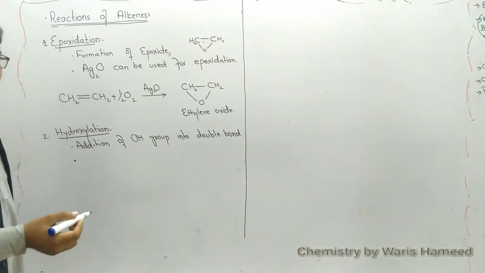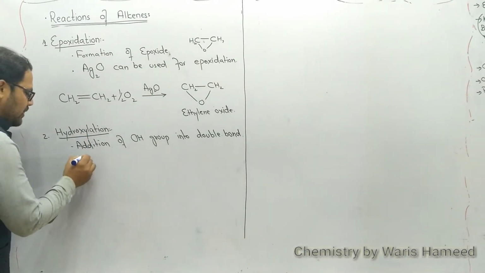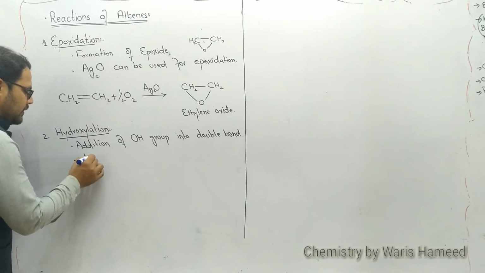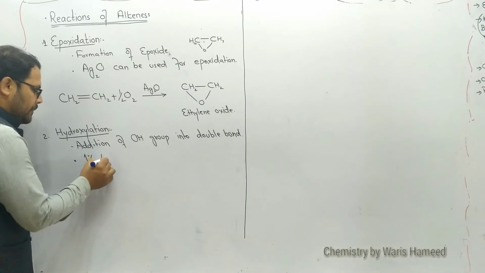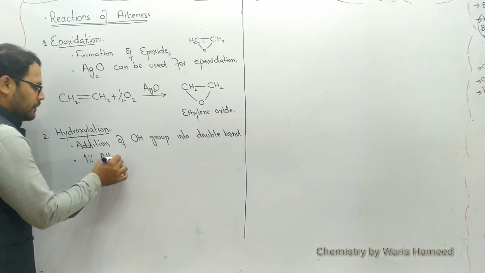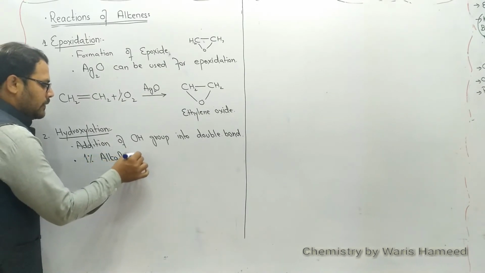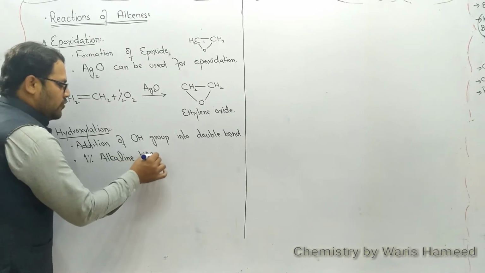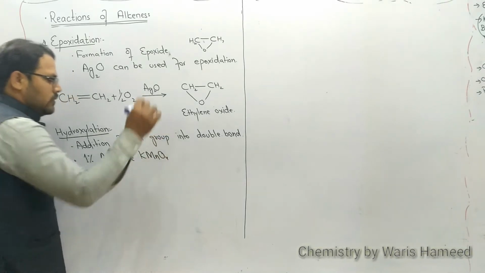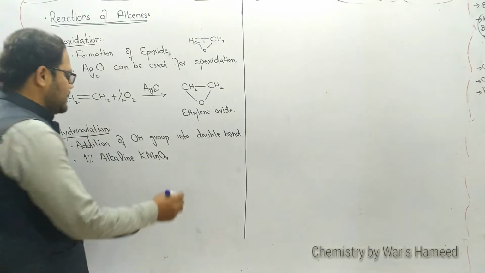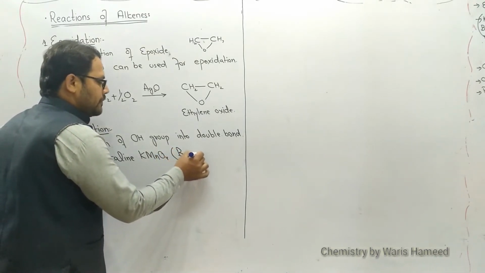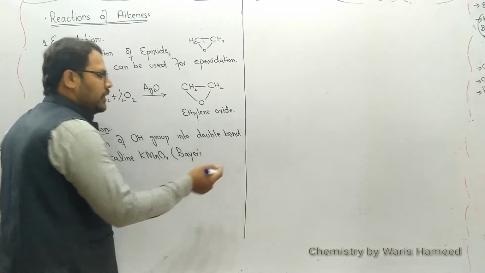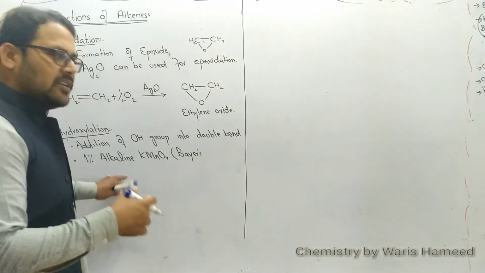And what is Baeyer's reagent? It is actually 1% dilute alkaline KMnO4 solution, and it is also known as Baeyer's test.